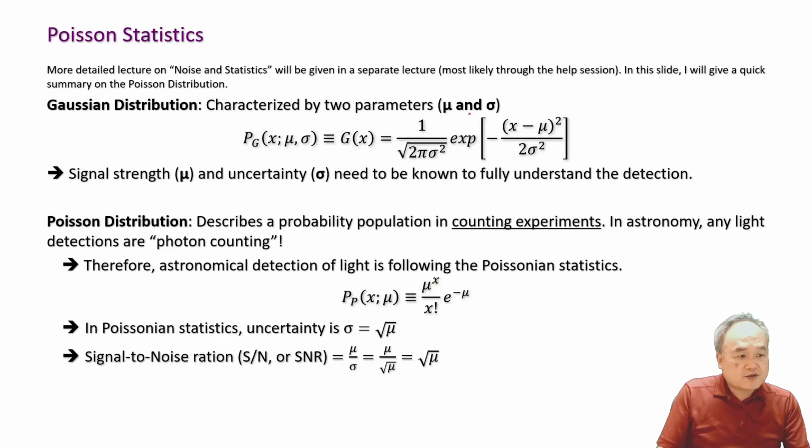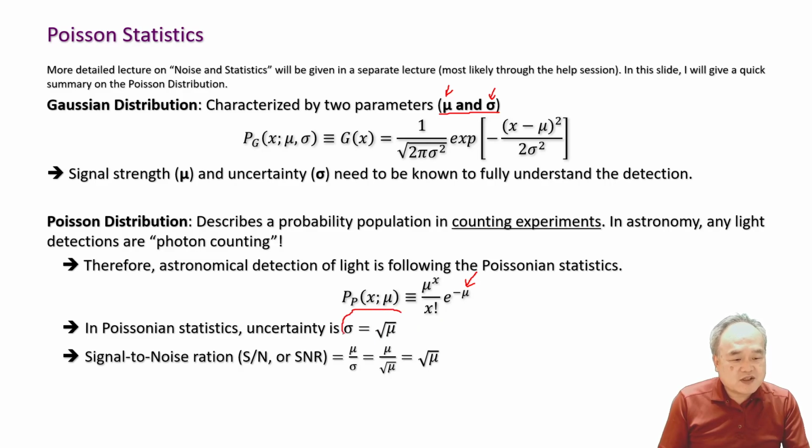Contrary to the Gaussian, where we have two parameters, average and uncertainty, the Poissonian distribution requires only a single parameter, which is the average number. Then how do we calculate the uncertainty in Poissonian statistics?